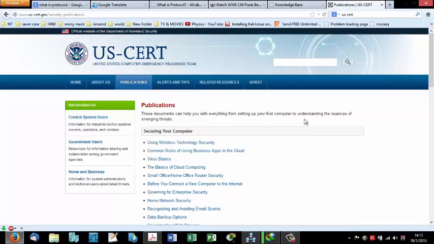Network cable disconnected. No, disconnect.